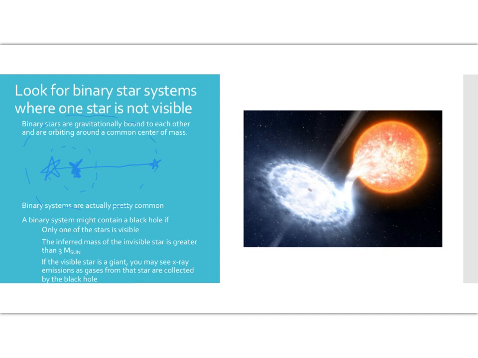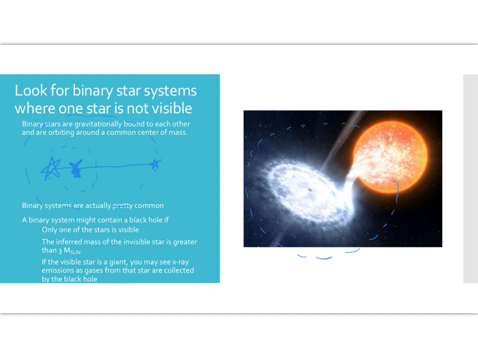So sometimes it could be possible that in a binary system, one of the stars has gone supernova and has collapsed into a black hole. So we might look for a binary star system where the one star that we can see is orbiting around some point, so we can see its motion detected through its spectra and other effects of its light, but there's not another star visible to us.